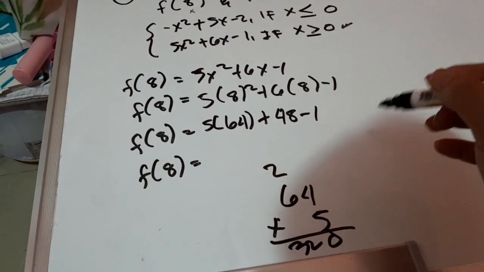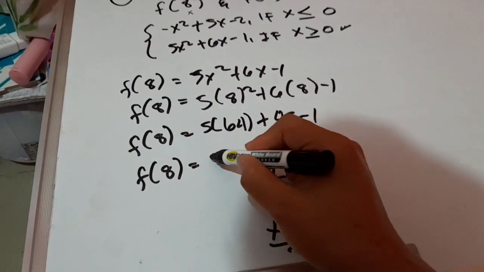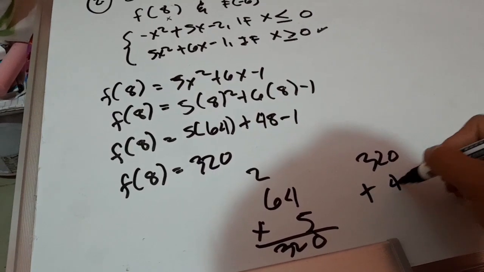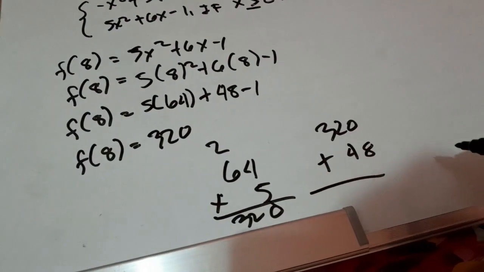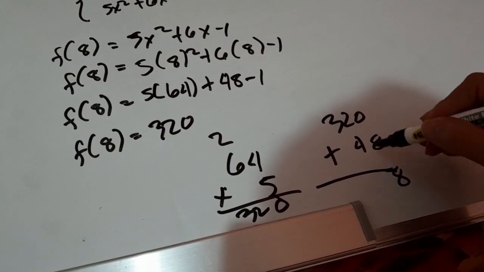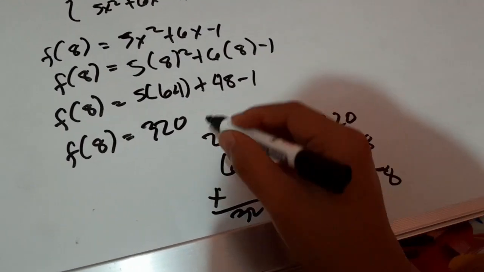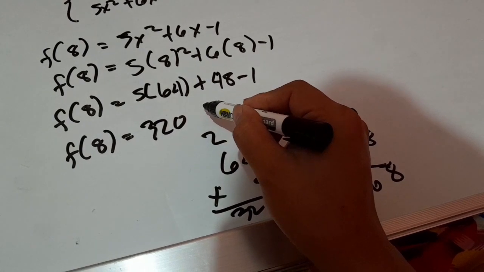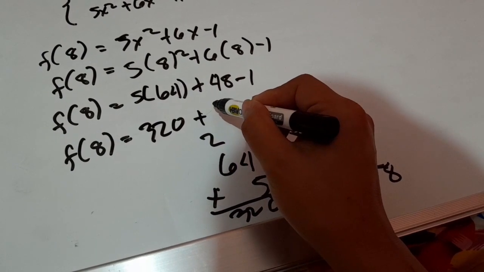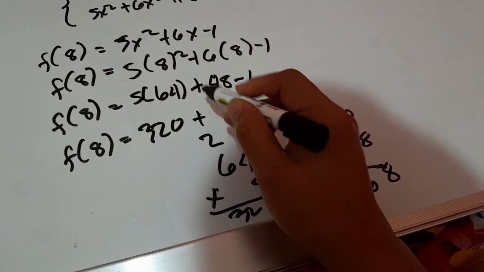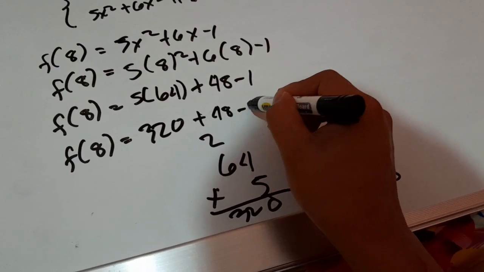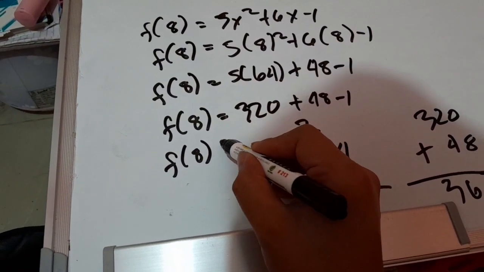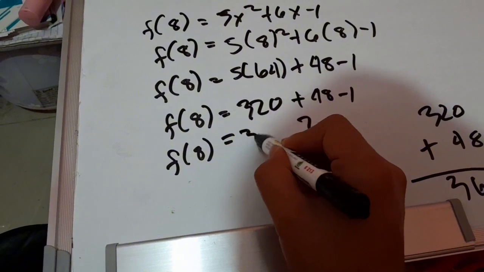So 320 plus 48 equals 368, minus 1 equals 367.